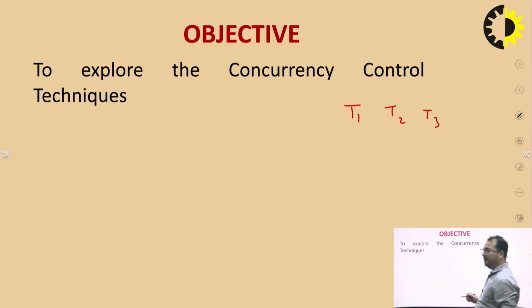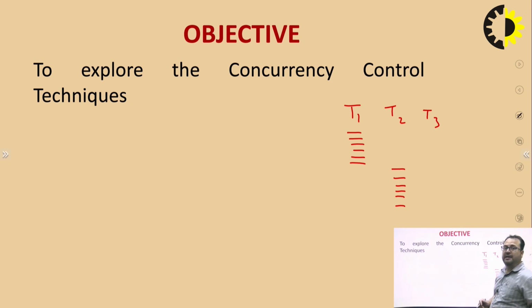Suppose T1 consists of 5 or 6 lines of instructions. Once T1 completes, only then does T2 start. Unless T1 completes, T2 cannot start, and unless T2 completes, T1 doesn't start. This type of execution is called serial.